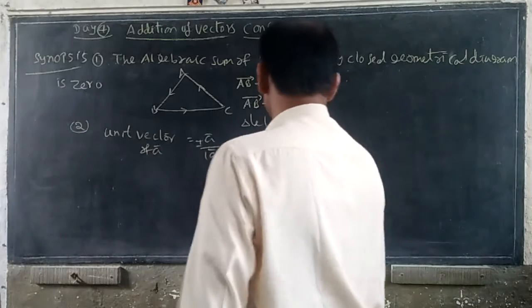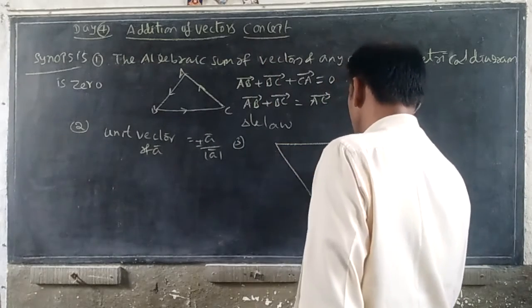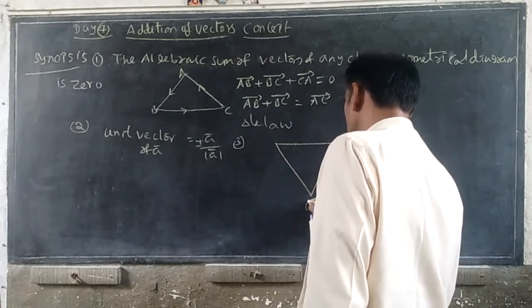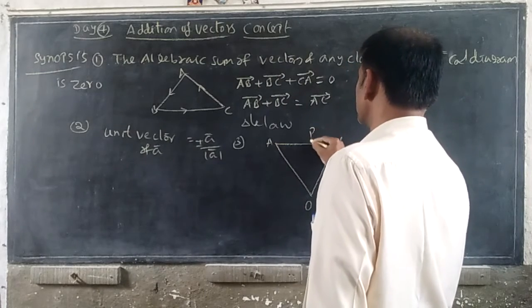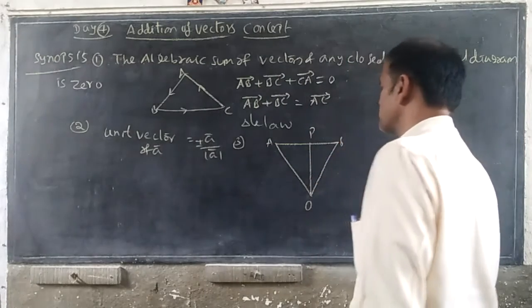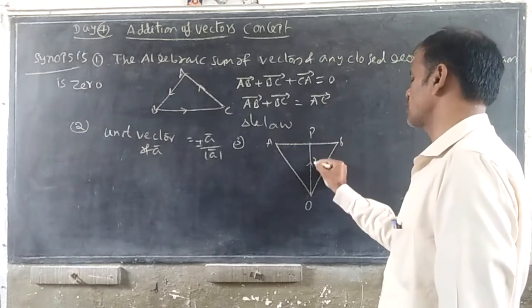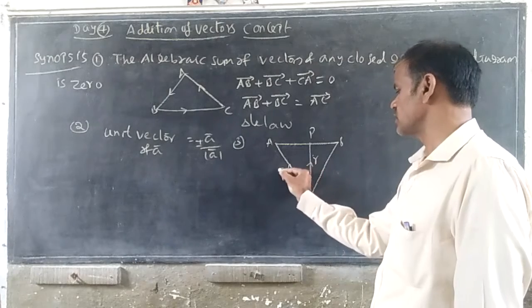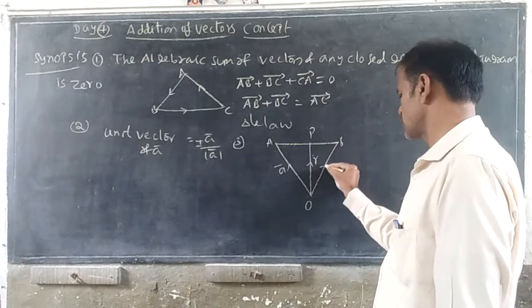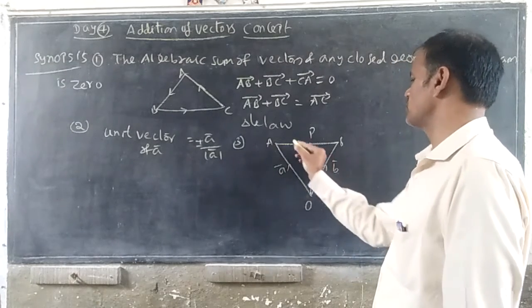Third one, using the section formula to calculate the vector. If it is A, if it is B, a position vector P with respect to origin, OP is equal to R bar. If P divides AB, let OA equal A bar and OB equal B bar.